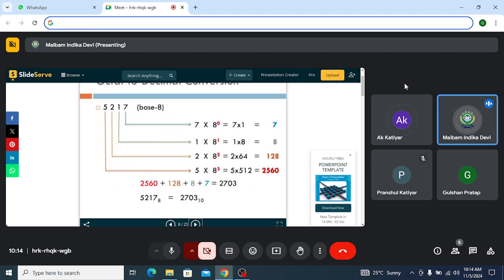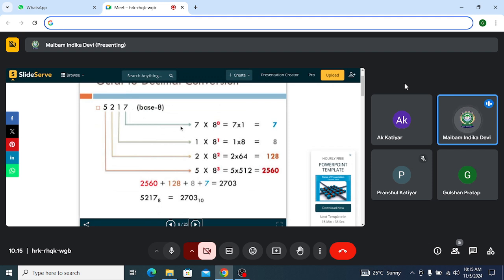Now octal, base 8, is octal to decimal conversion. The process is the same, except depending upon the base, you have to give powers to the base. The powers will be the position of all the digits. Now 5, 2, 1, 7: the position of 7 will be 0, the rightmost digit.